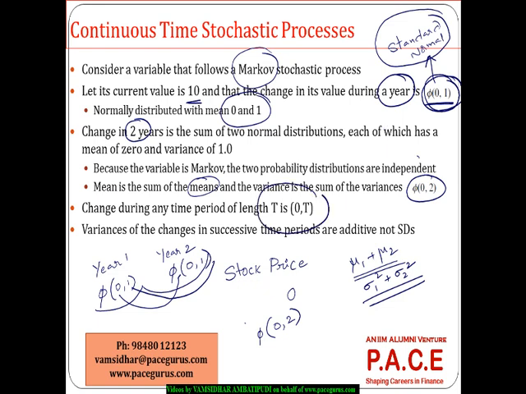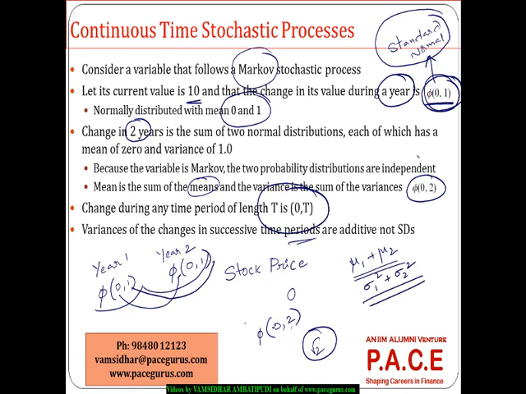In a T period, it will follow a normal distribution with a mean of 0 and a variance equal to T. The variance of the changes in successive periods is additive, but not the standard deviation. Here the standard deviation becomes square root of 2 and not 2.